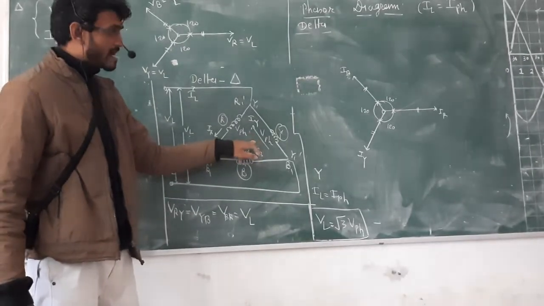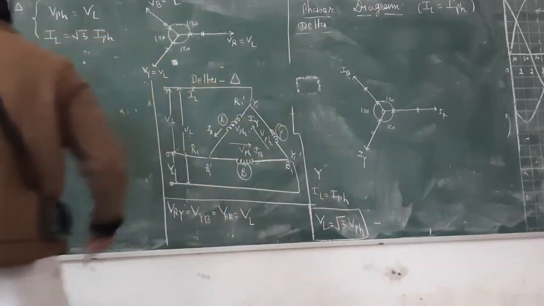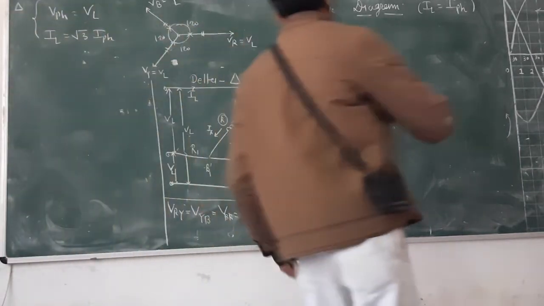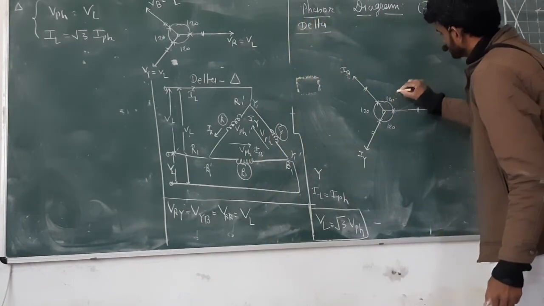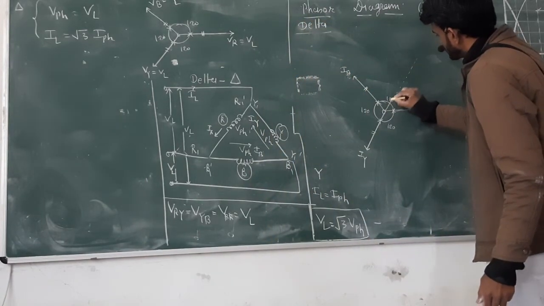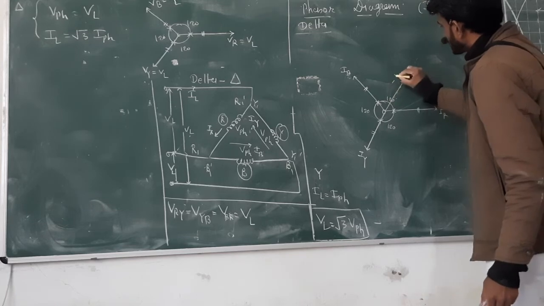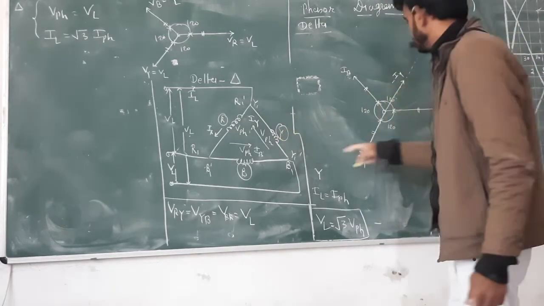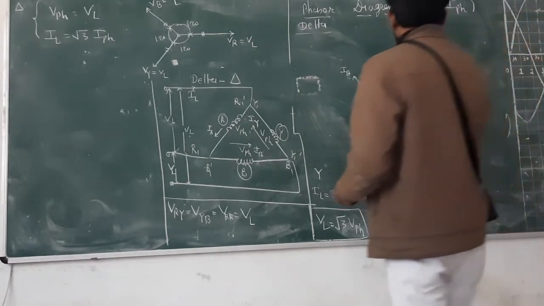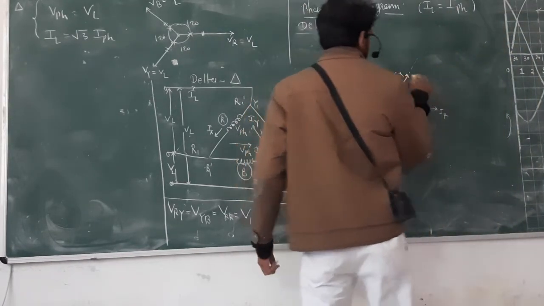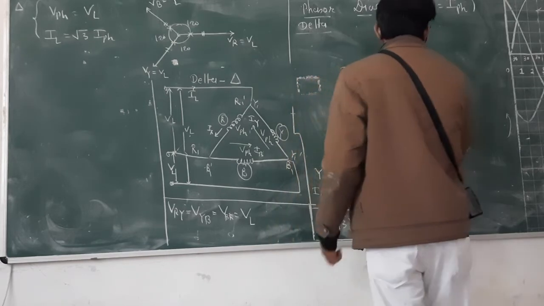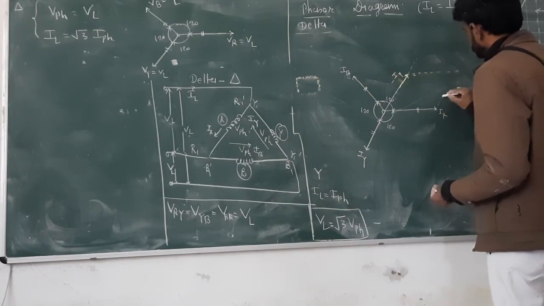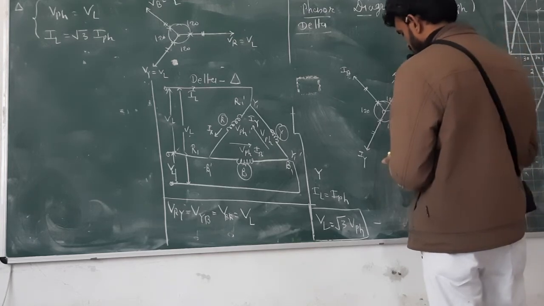Whatever the vectors here, IY and IR, make one of them opposite. Let's make this IY opposite. So I need to flip that vector in this direction, and that becomes negative IY. At this point, add vectorially the two currents, and then get the resultant.